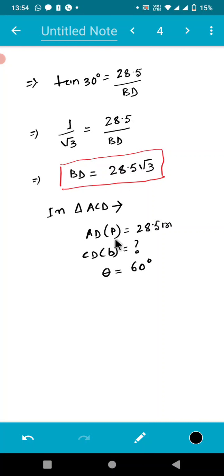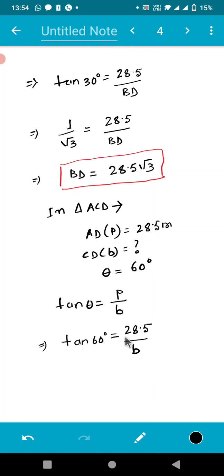Okay. Now again P and B. So again we'll use tan theta. So tan theta is equals to P upon B. In place of theta, we will use 60 degree. And P is 28.5 by B. And B is what? Sorry, B is CD. Now tan 60 degree is what? Root 3. This is equals to 28.5 by CD. Now after calculation, we'll get the value of CD as 28.5 upon root 3.